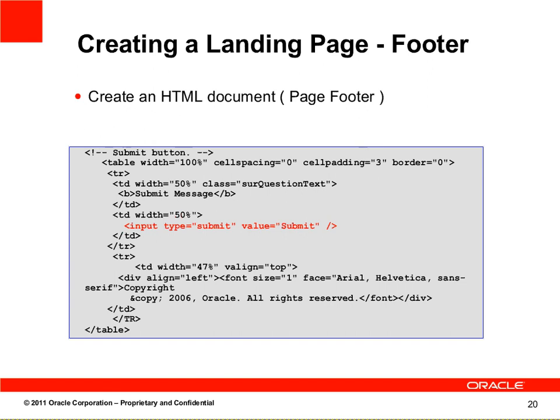You can have any HTML tags here, but the only thing that needs to be added is the submit button. I don't know if that answers the question. It really wasn't a question. I think they just wanted to have you show this slide again and talk to it again. Yeah, it's just a regular document. In this case, it uses a table, but that's not required.